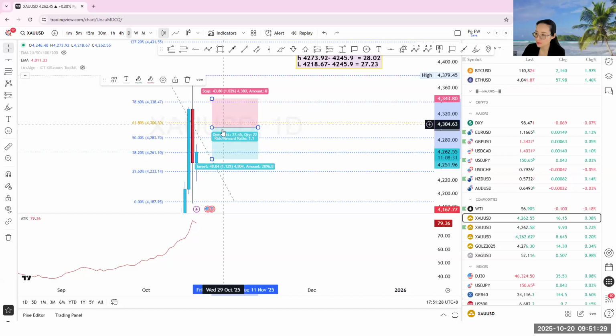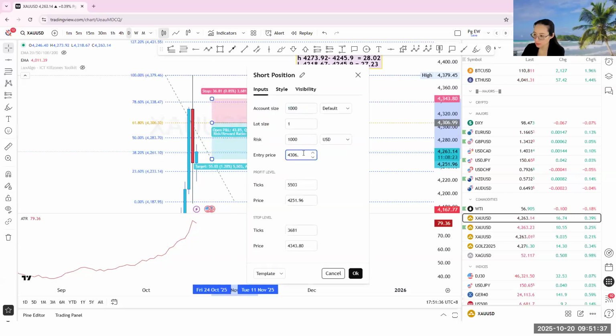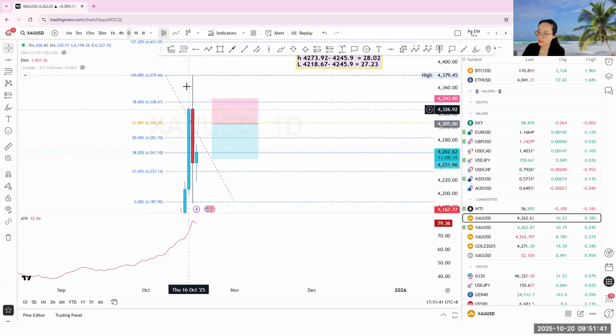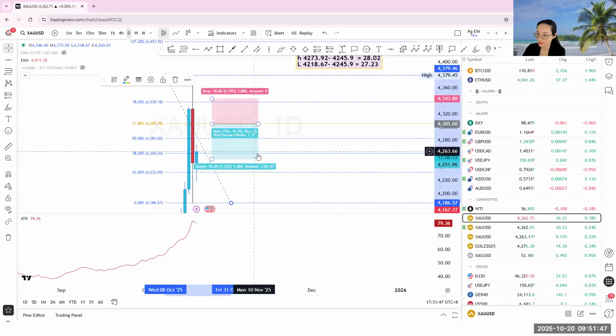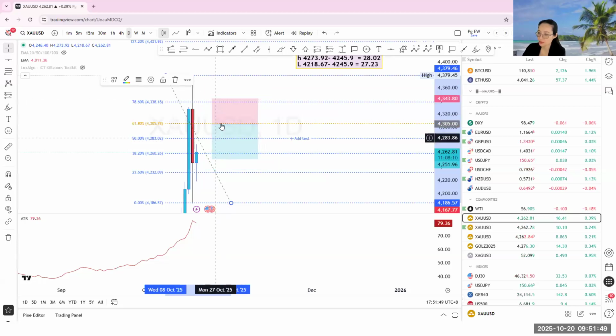So let's say if you put the pending order at 4005, I want to sell based on this swing high and this swing low. I'm going to sell at like Fibonacci 61.8%. You can set the stop loss based on the ATR, which is like 80.